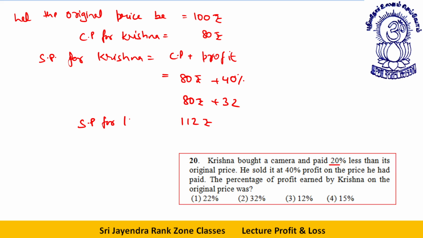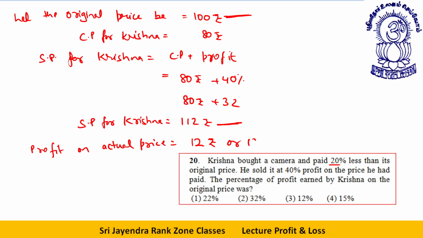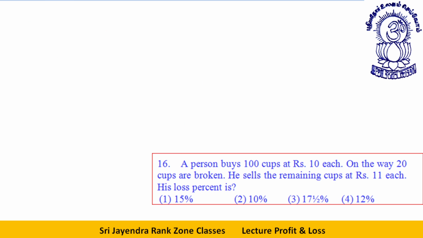SP for Krishna. Therefore, profit on actual price. What is the actual price? 100 rupees. This is the profit, so this is 12 rupees or 12%. Quite easily done. I think you must be thorough with these sort of questions now.